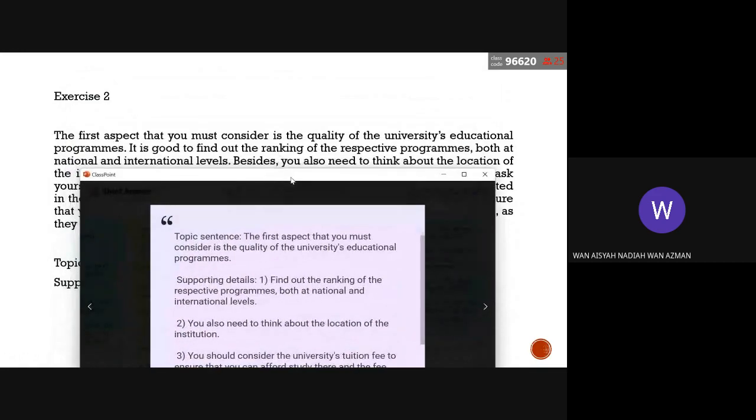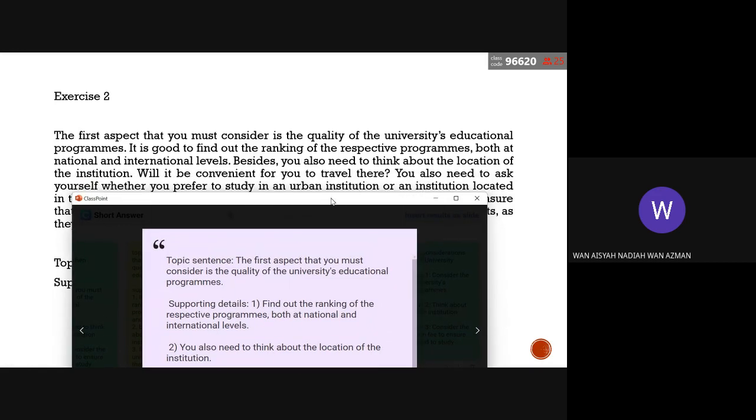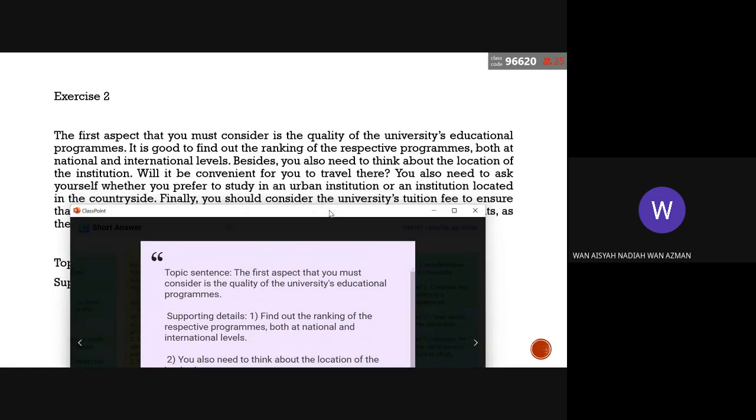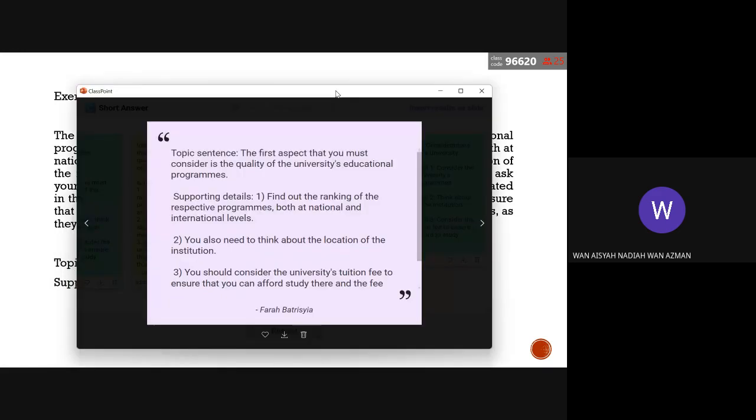You also need to think about the location of the institution, and then write down, will it be convenient for you to travel there? You also need to ask yourself whether you prefer to study in an urban institution or an institution located in the countryside.